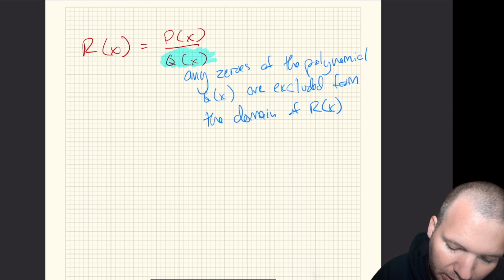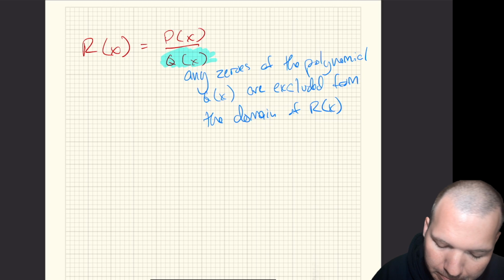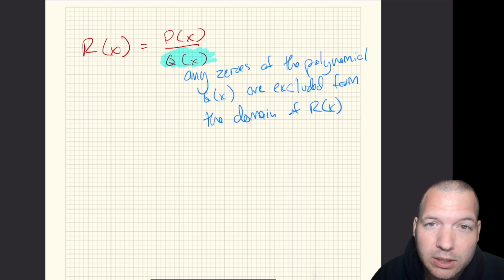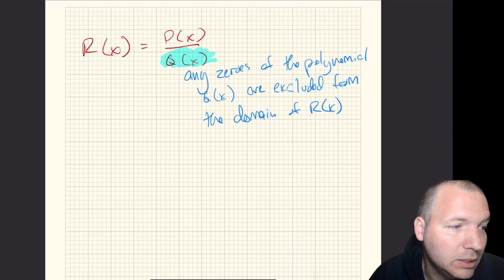Basically, in other words, anything that would cause this to be 0 cannot be plugged in up here. Remember, domain is what you can plug in. So again, anything that would cause the denominator to be 0, you are not allowed to plug in. So we have to remove it or exclude it from our domain.